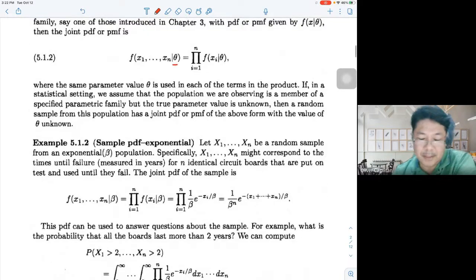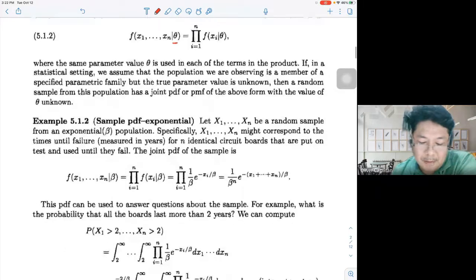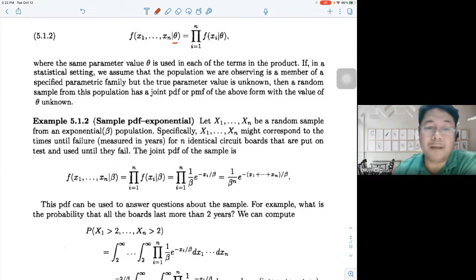Okay, so let us now have an example. Say we have a random sample, x sub 1 up to x sub n, from the exponential beta population here.